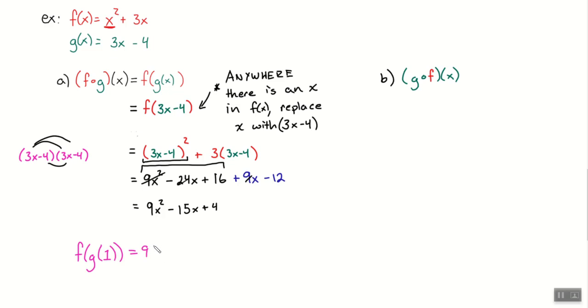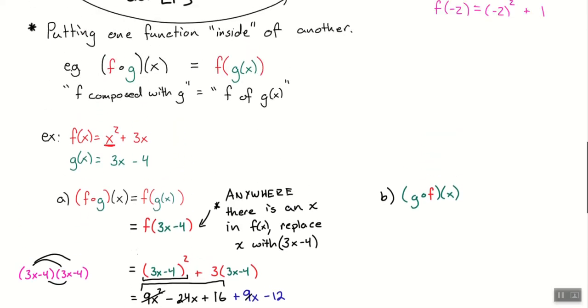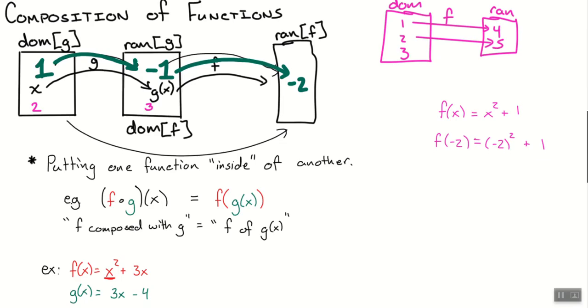What's 9 times 1 squared? 9 minus 15 times 1 minus 15 plus 4. And what do we get? -2. If we just check what we did with our two-step process by just plugging it in, did we do the same thing in one line here?